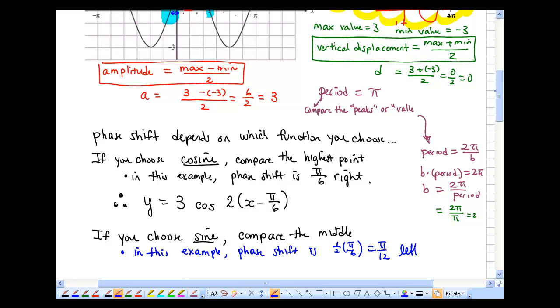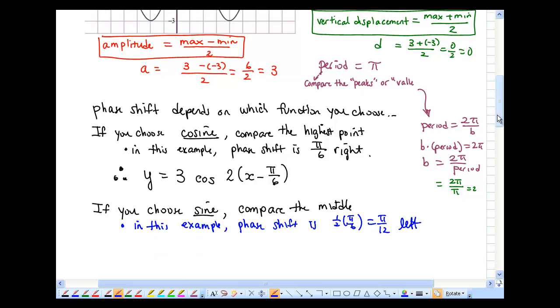And this time we're going to the left. So knowing that now, your equation is y equals 3, same amplitude, sine, same b value, but this time instead of x minus pi over 6, it will be x plus pi over 12. And there you have it. Done.